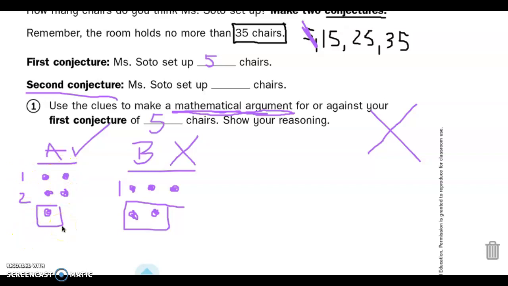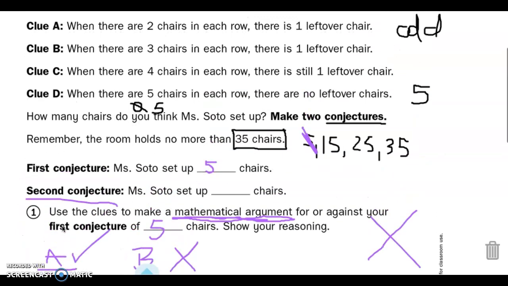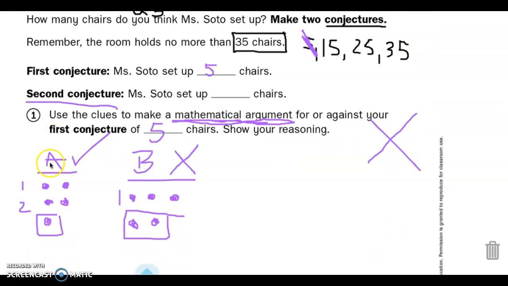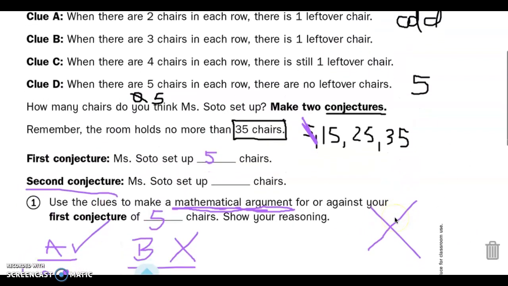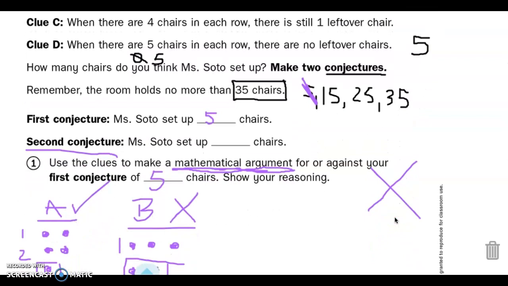Go back to your math journal if you need help with the other 4 clues and how to write them. Remember, I always put A, B, C, and D to keep my work nice and organized. Read your clues carefully. And I think I said before there's more than one possible answer, but there's only one right answer. So let's say you test 35.